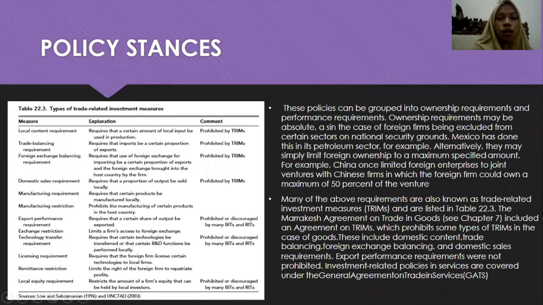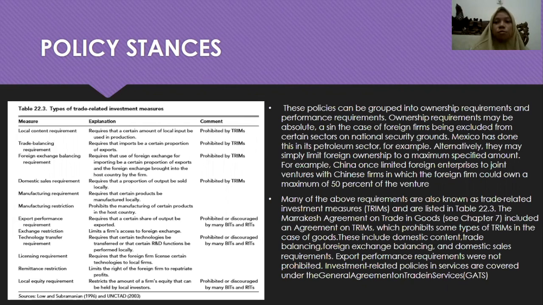First, I will explain about the policy stances. As you can see here, this is Table 22.3. It's the types of trade-related investment measures. As you can see, the policies can be grouped into ownership requirements and performance requirements.